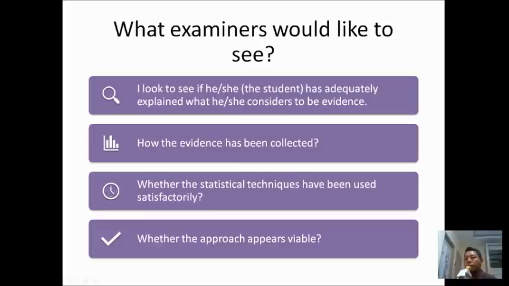Now it is about how the evidence has been collected, and then based on the data, whether the statistical techniques have been used satisfactorily. So during data analysis, is that satisfactory? And then lastly is whether the approach appears viable. So these are four questions that you have to answer because this is what the examiner would like to see.